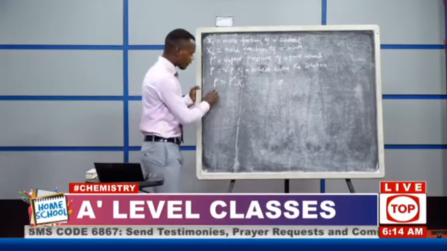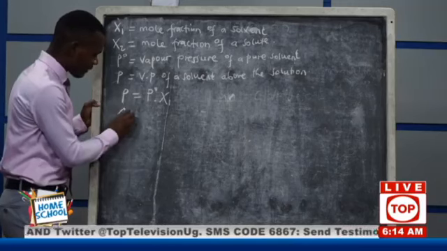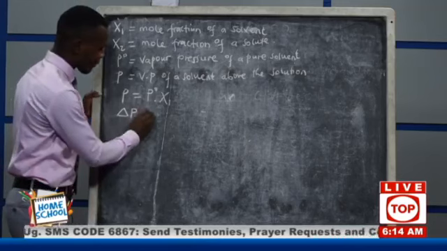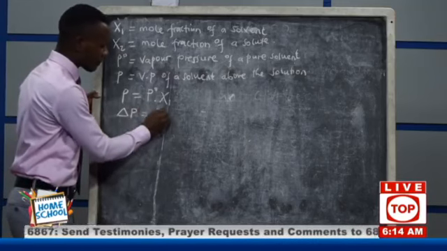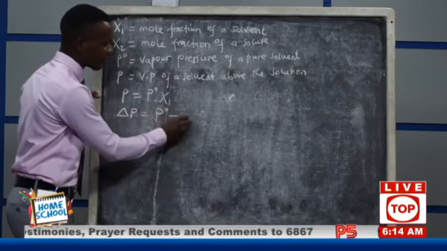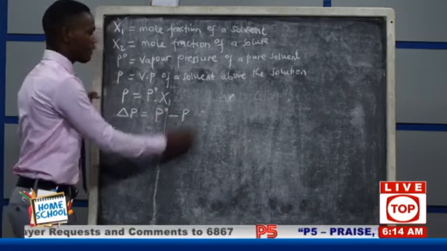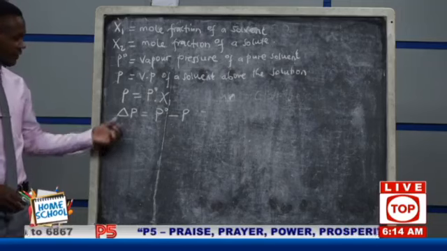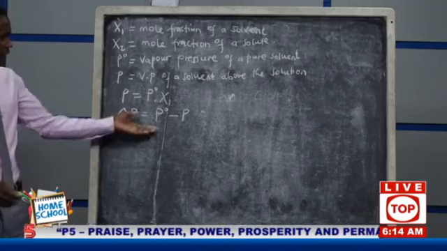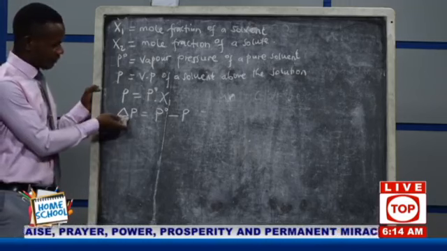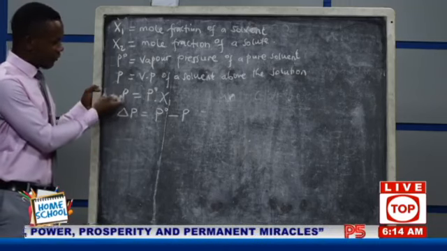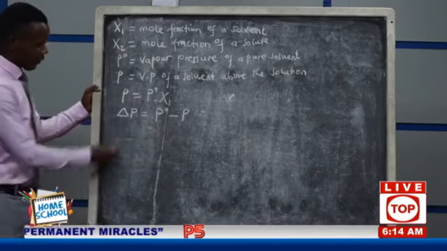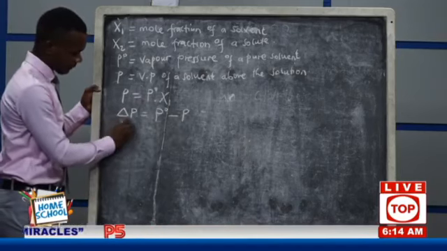That means we shall have a change in vapor pressure, and this change in vapor pressure will be equal to the vapor pressure of the pure solvent minus the vapor pressure of the solvent above the solution. That's what we shall be having. If you look at this expression and compare it with this one, we find that P is equal to P naught X1. So we substitute it.